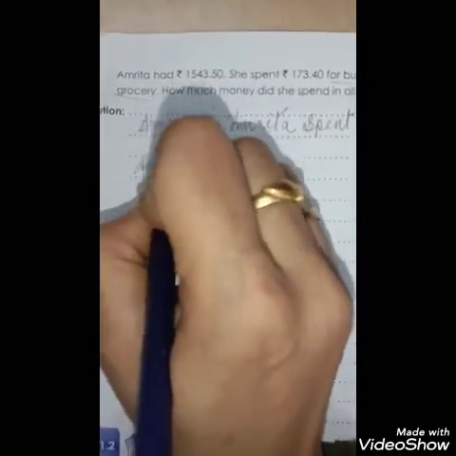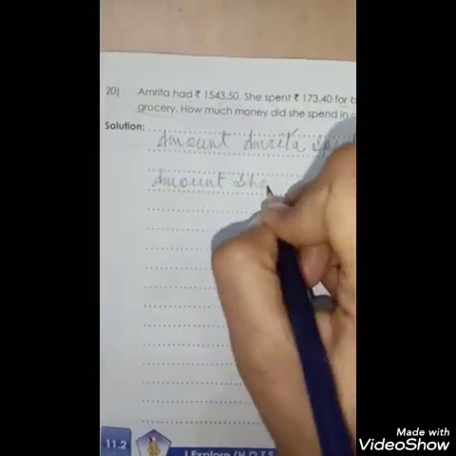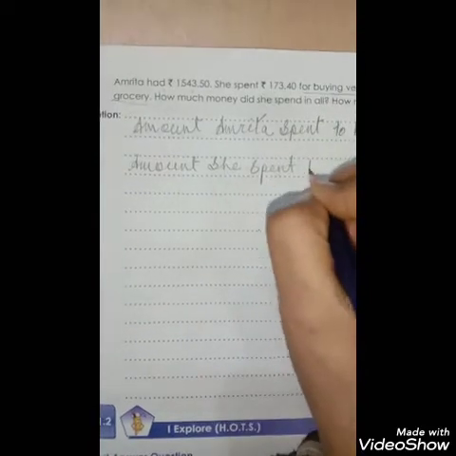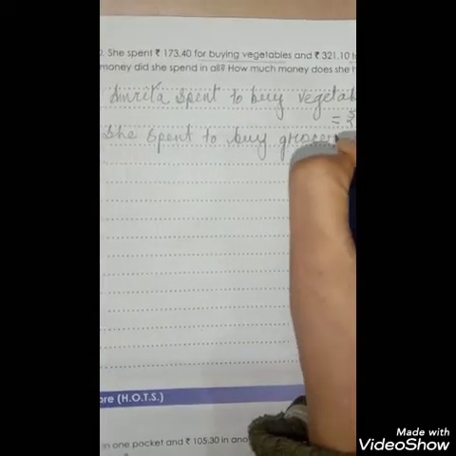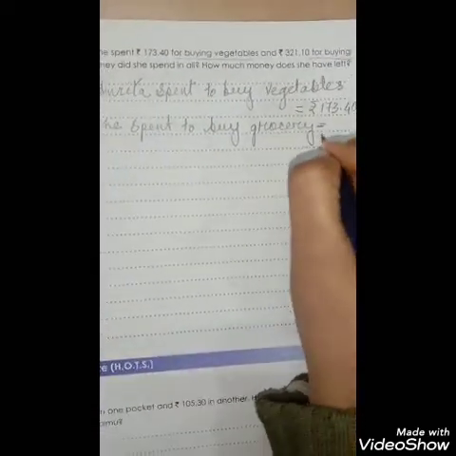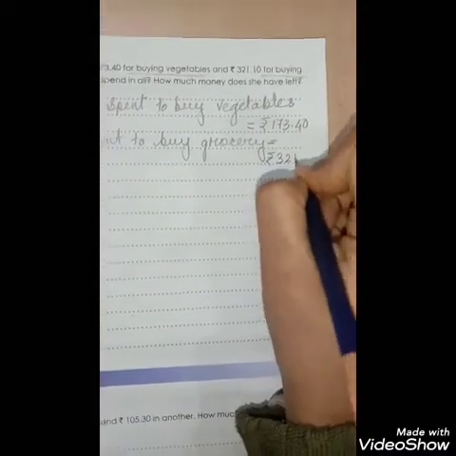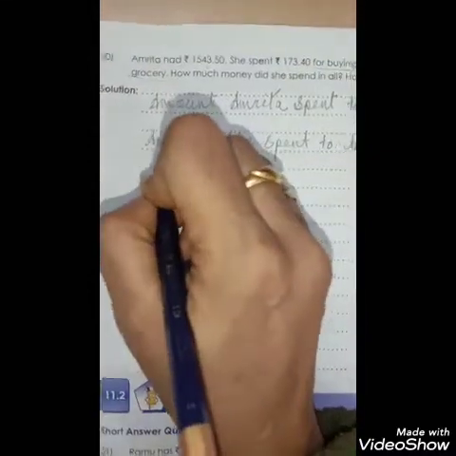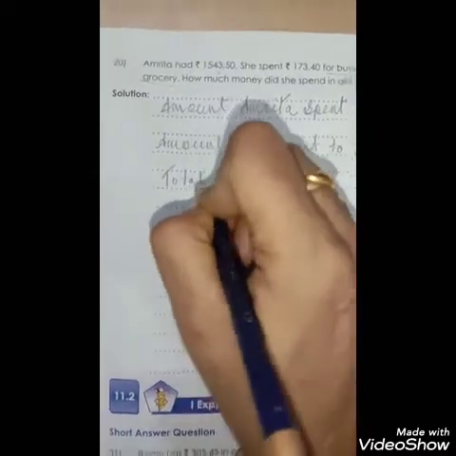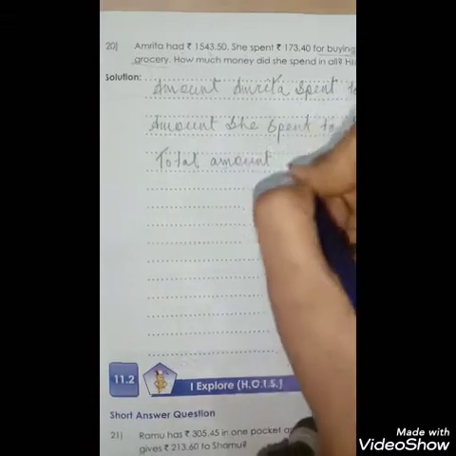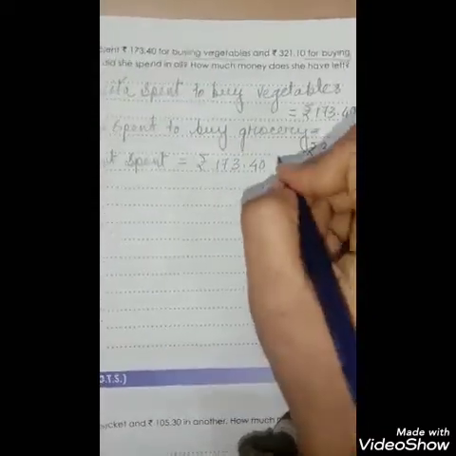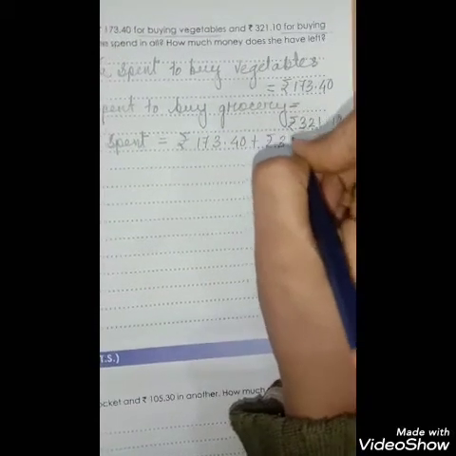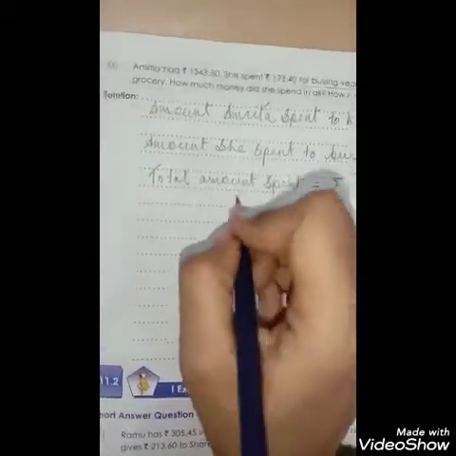The amount she spent to buy grocery equals 321 rupees 10 paise. Total amount spent equals 173 rupees 40 paise plus 321 rupees 10 paise.